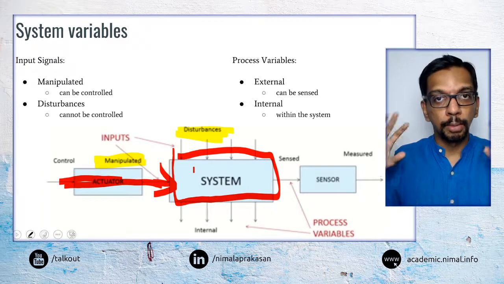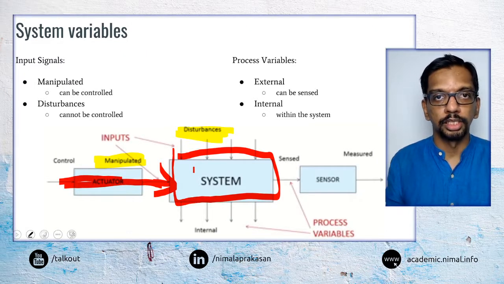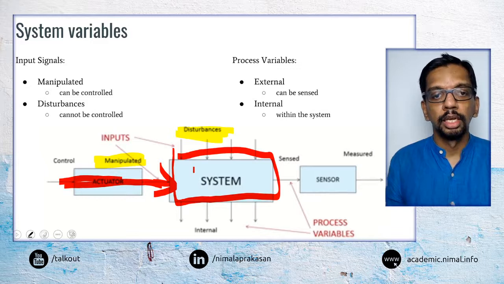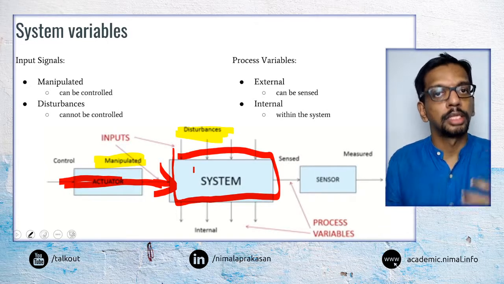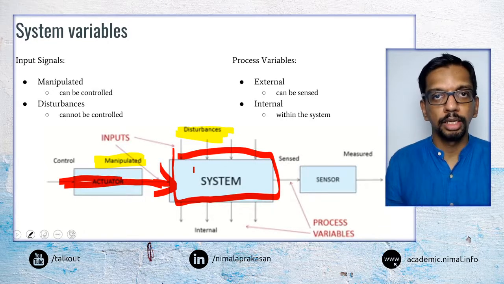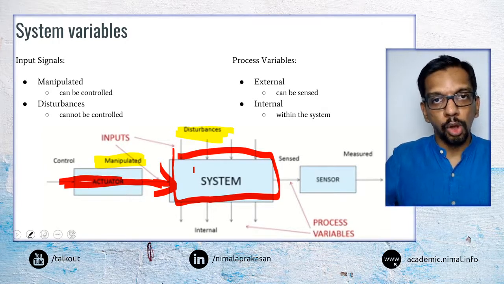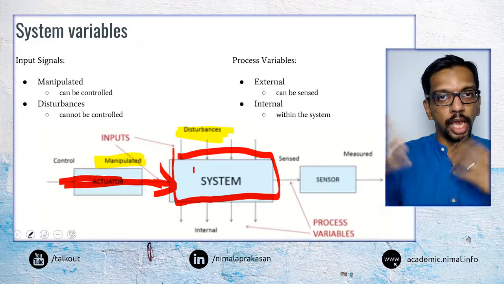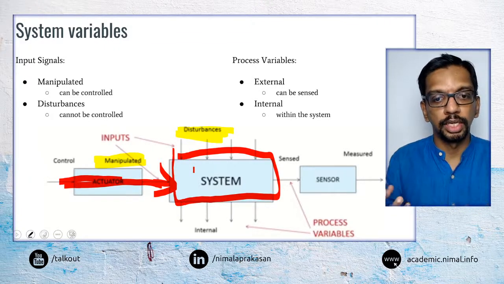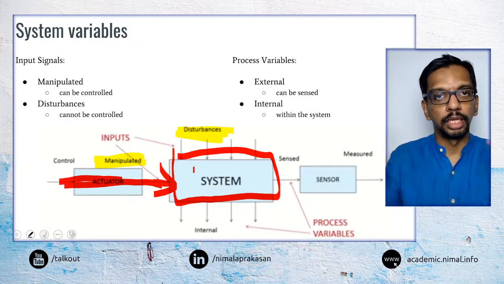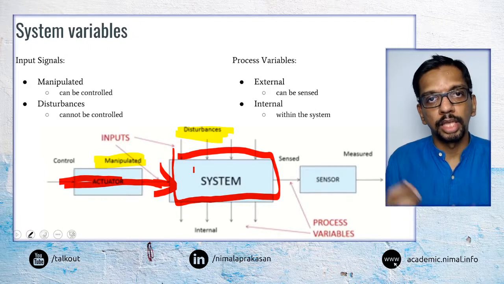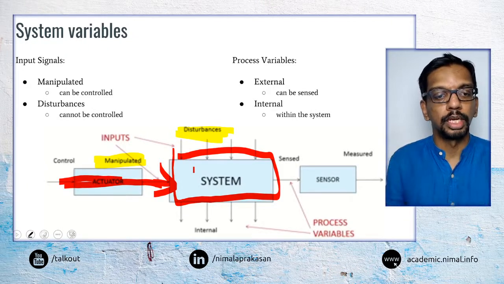But if the temperature outside changes, if it is raining or if it is becoming hotter during the day, that is not a manipulated input, that is a disturbance, because it is impacting the system. If the outside gets hot, the room will get hot, so the air conditioner will have to function differently. But that information is not something given by the user. So we will consider that as a disturbance.